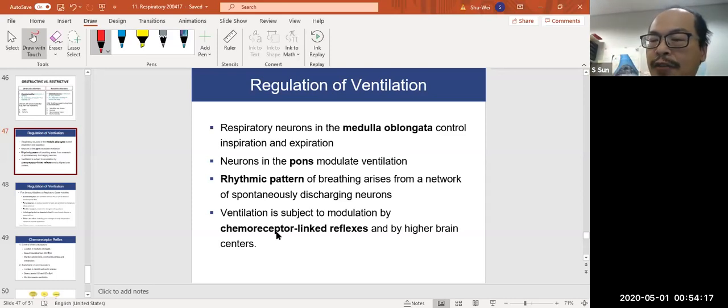If our CO2 level is high, we will breathe more because we want to exhale that CO2. High CO2 is related to acidic level, so if our body has a higher acidic level, it will also trigger us to breathe faster and larger. The other one is O2. If our O2 level is low, we will also breathe harder and faster.